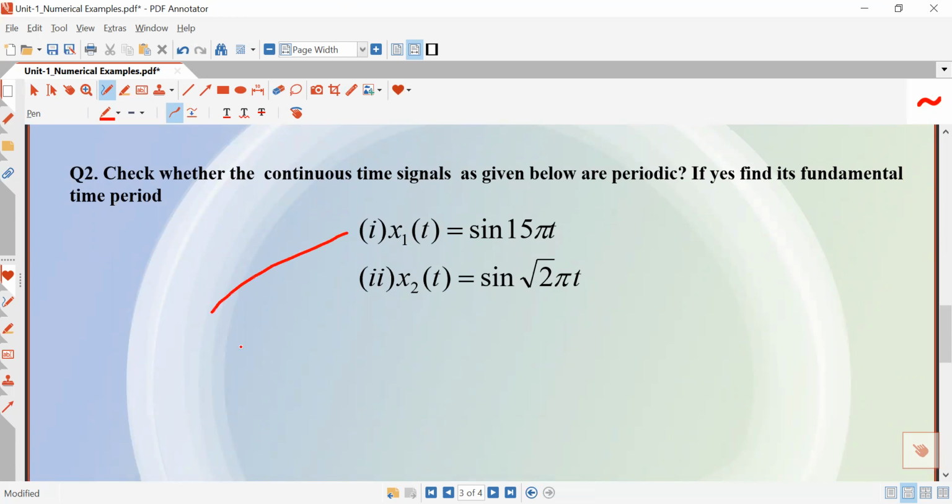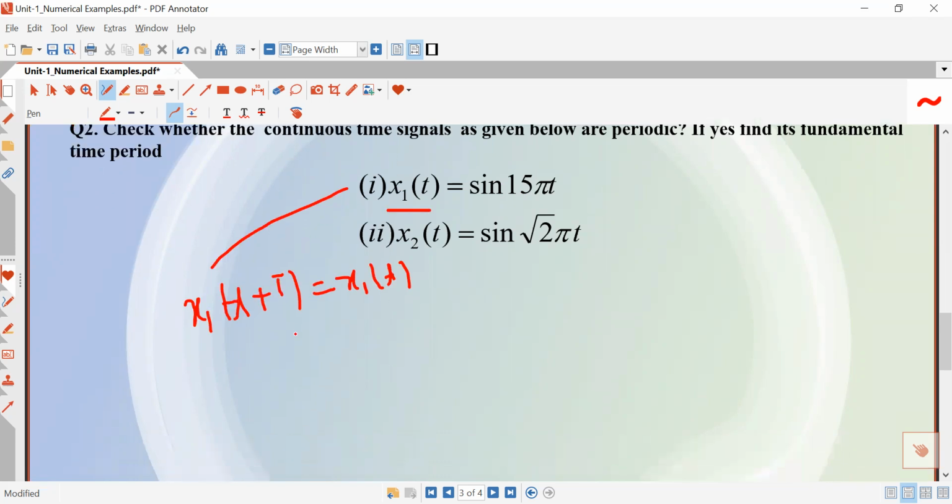If x1(t) is periodic and its fundamental period is T, then x1(t plus T) should be equal to x1(t). If under any condition x1(t plus T) can be equal to x1(t), then you can say under that condition the signal sine 15 pi t will be a periodic signal.